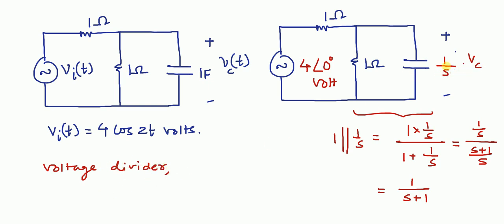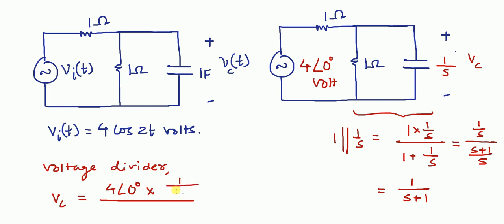So Vc is voltage across parallel combination of 1 and 1 by s. The parallel combination of 1 and 1 by s is connected in series with this 1 ohm resistor. So for series combination we can apply voltage divider. Vc is voltage across parallel combination of 1 and 1 by s.